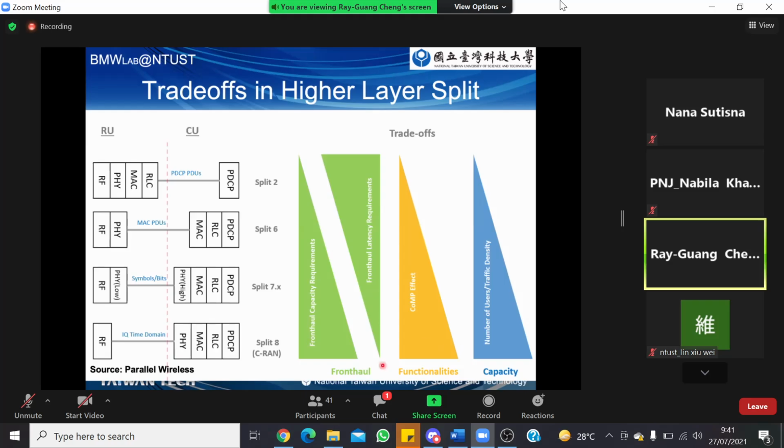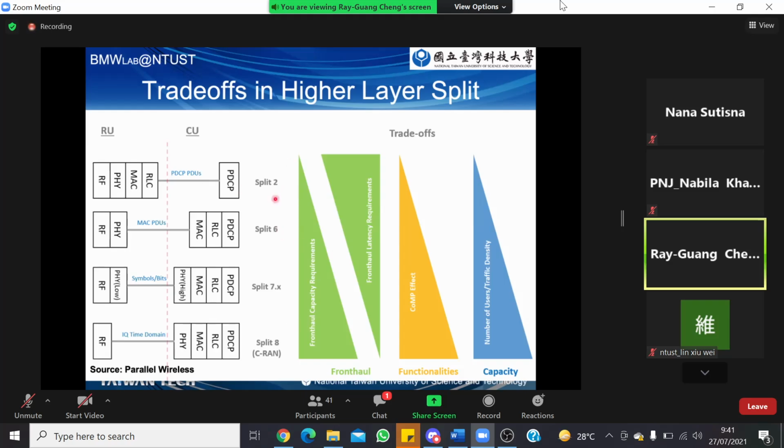So basically, you can consider it from the fronthaul point of view, from the functionality point of view, and from the capability point of view. If you have a higher layer split, it means more functions are implemented in the lower layer, so the higher layer is simpler.